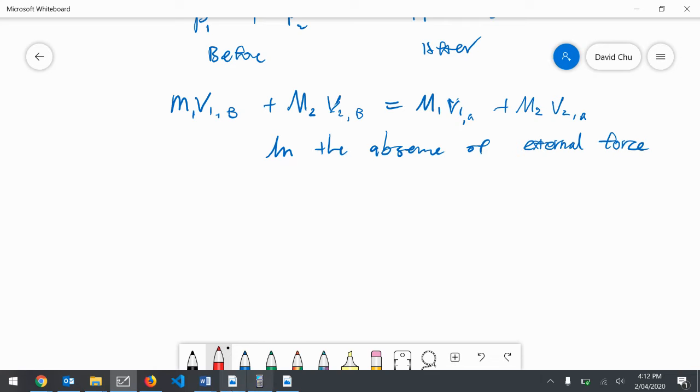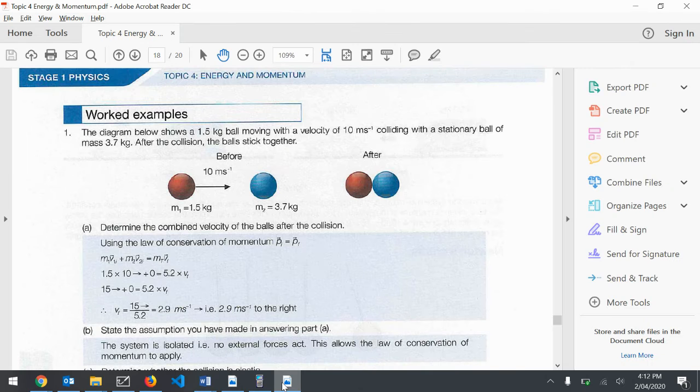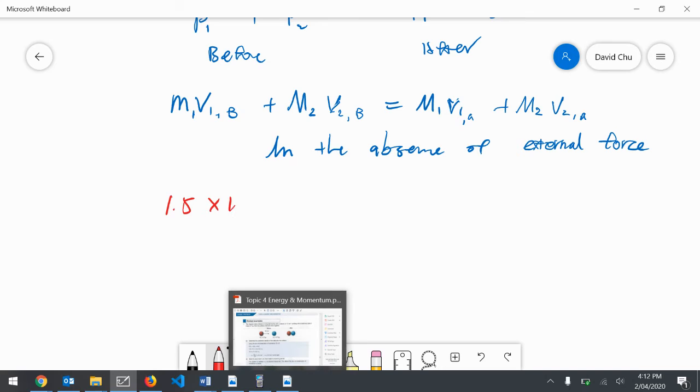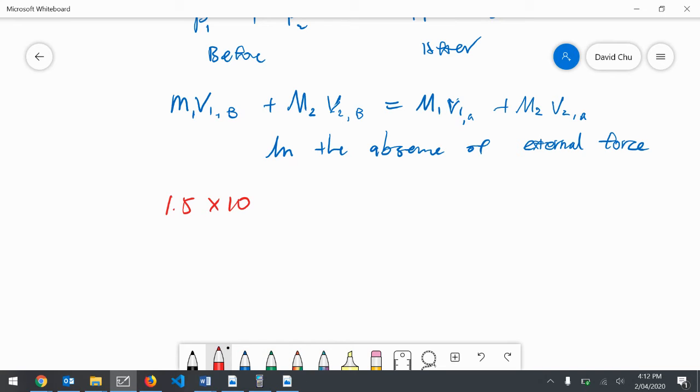The balls are 1.5 and 3.7 kilograms respectively. So I've got 1.5, mass 1, times 10 meters per second plus 3.7 times 0, because it's stationary initially, the velocity will be 0.